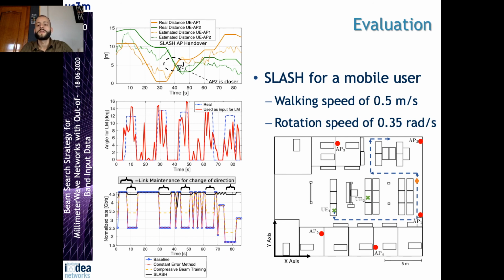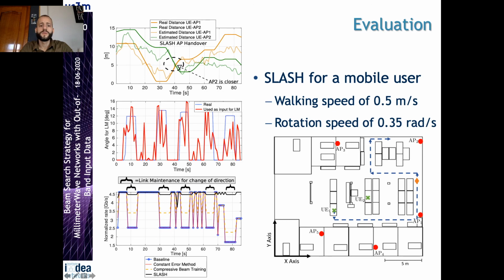We can see that SLASH tries to maintain the highest data rate, and the algorithm is called every time the RSSI drops below the threshold for the communication. Here we are achieving better performance than other strategies, as you can see in the last plot, where we see the normalized rate in time for different approaches.